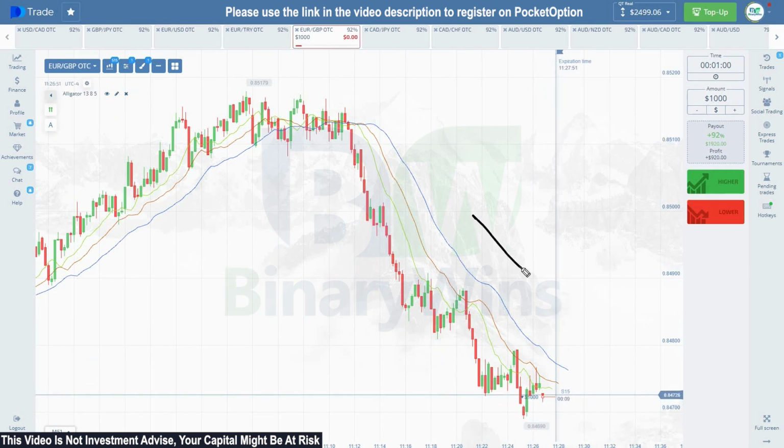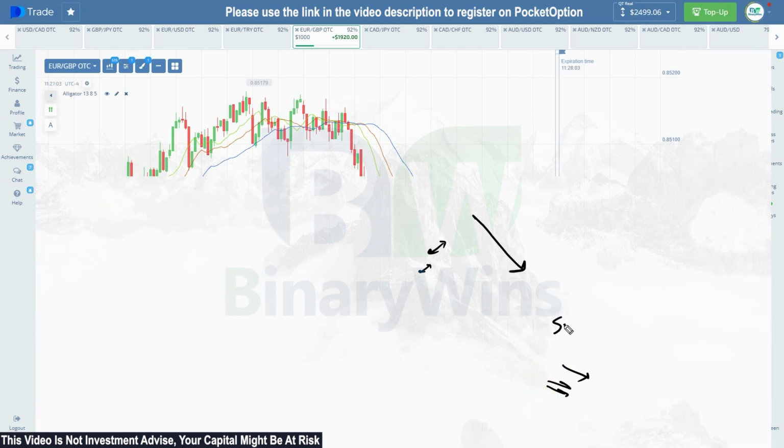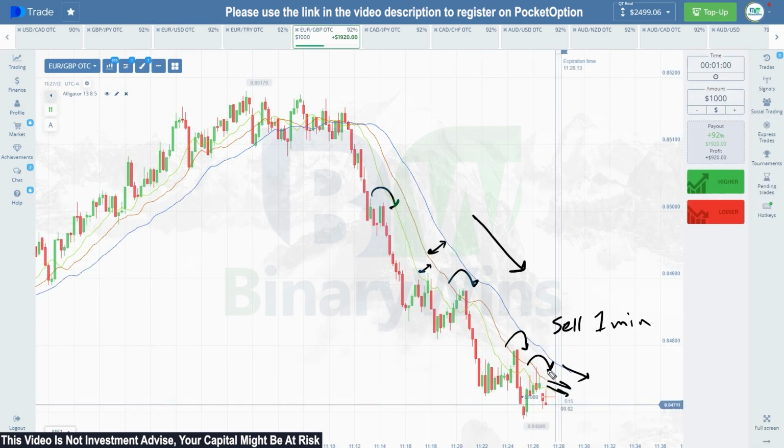A strong downward trend, line spacing, and that's why I entered a 1-minute sell trade. 1, 2, 3, and 4.